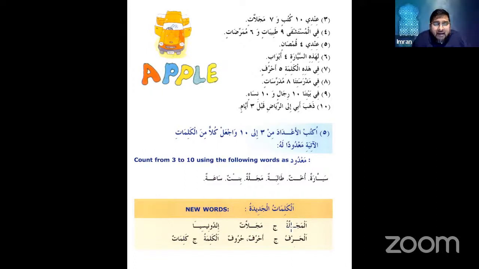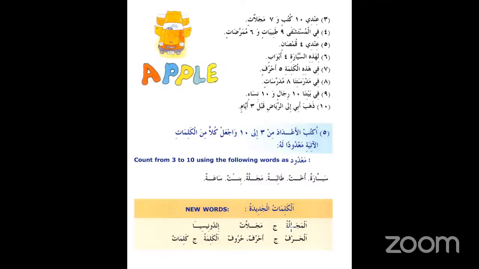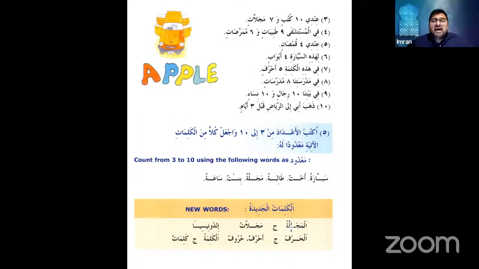Excellent. And next one, Sister Munira. Number 9 and 10. في بيتنا, in our house, 10 رجال, there are 10 men, و 10 نساء, and 10 women. ذهب أبي إلى الرياض قبل 3 أيام, my father went to Riyadh 3 days ago.